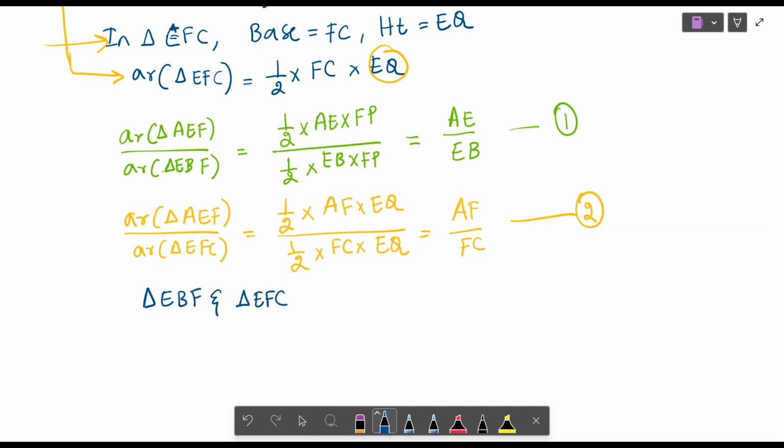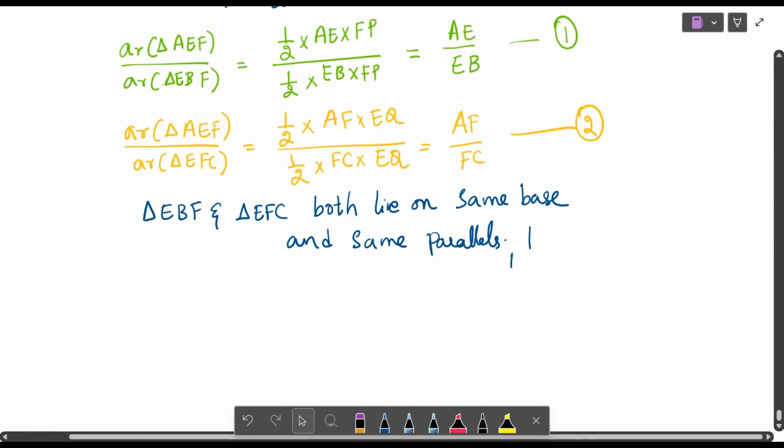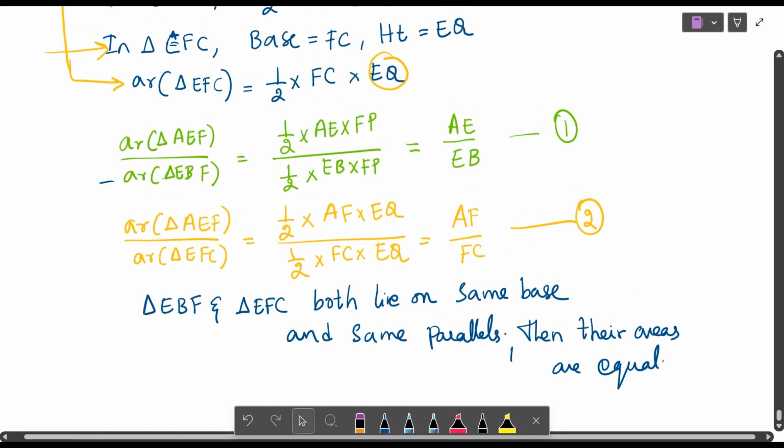So, both lie on same base and same parallels. Did you understand this theorem? This theorem means then their areas will be equal. Areas will be equal. Did you understand students? So now both EFB and EFC are equal.